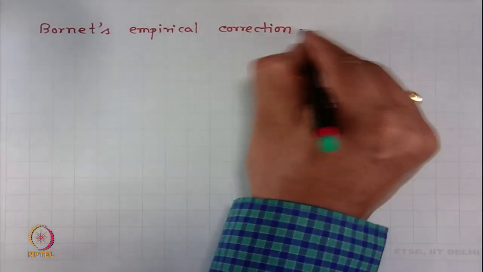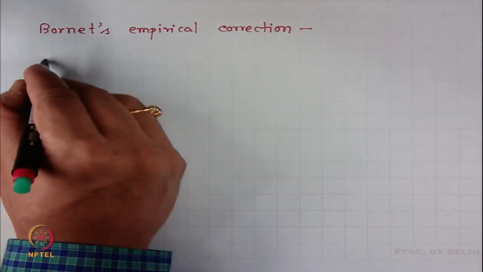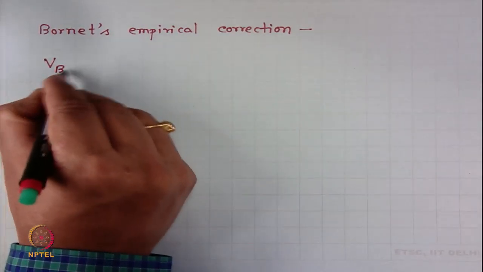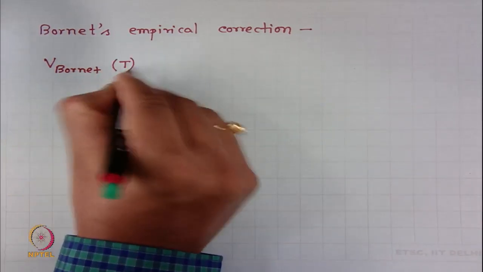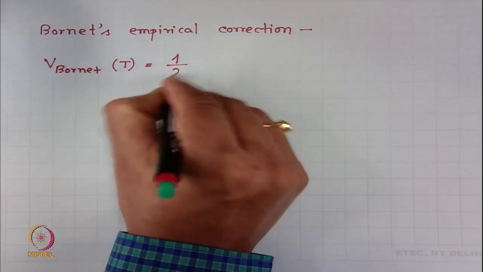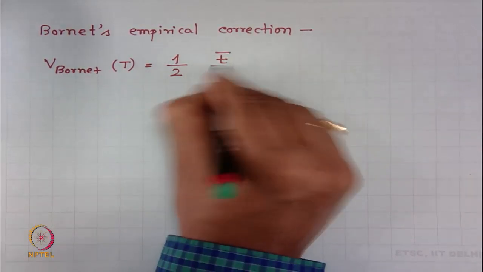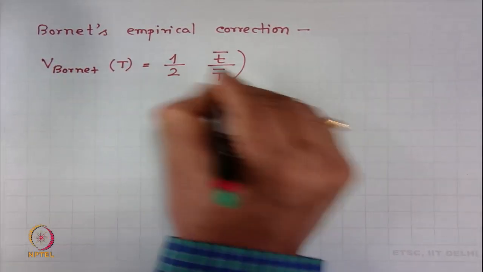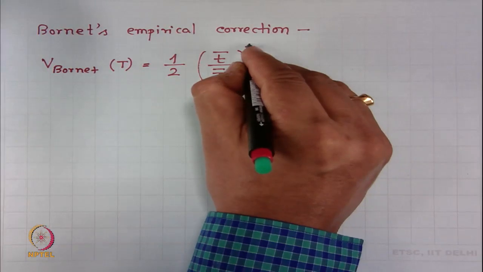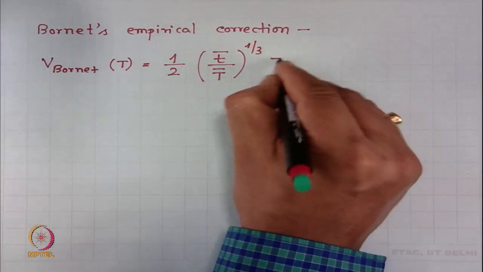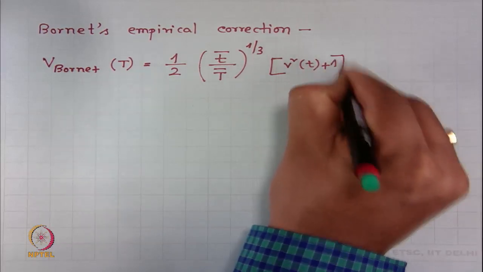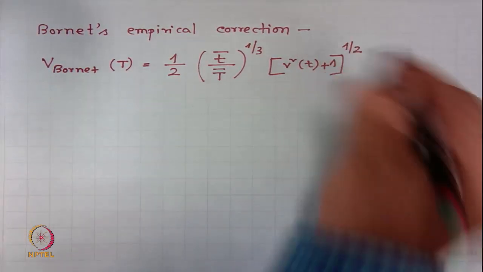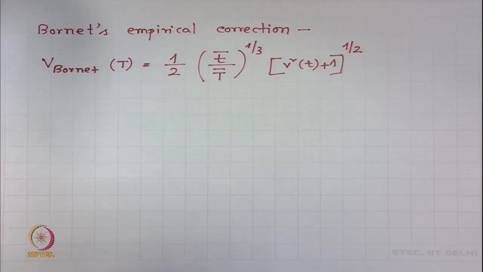Bornet's empirical correction. So, what was Bornet? 1 by 2, t bar by capital T bar, 1 by 3, V_t plus 1 to the power half. This was the expression given by Bornet.